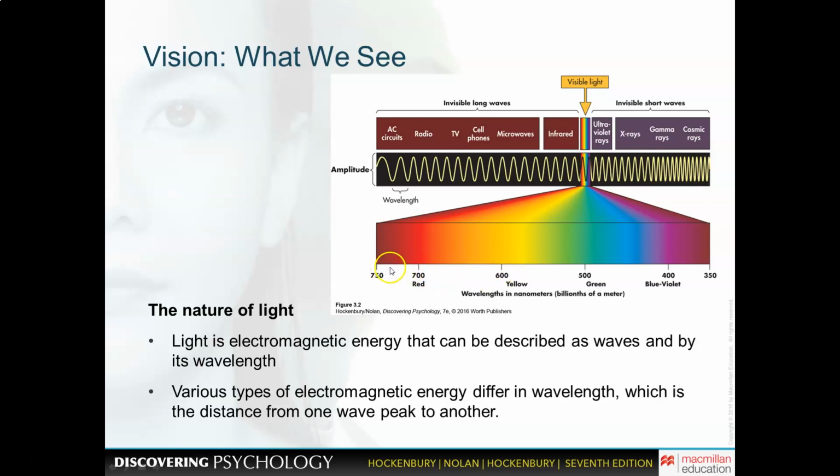As you can see, this red right here is 750 to 700, but then when we get into yellow, it's around 600, et cetera. So just know that the different rates of speed of the waves cause us to perceive different colors. That's how we perceive different colors.